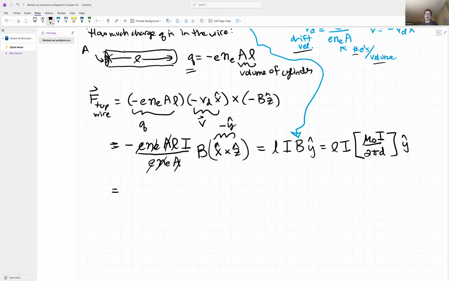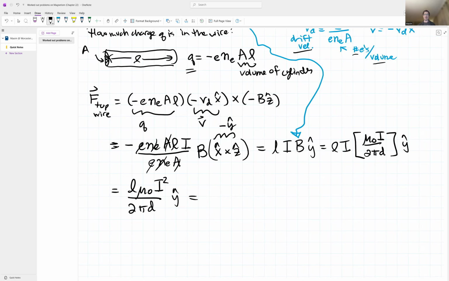It grows as the square, and that's because the current is both creating the magnetic field and is that same current that is going in the opposite direction and feeling that magnetic field in the top wire. So, okay, you have L mu zero I squared over 2 pi d. And that's in the y hat direction.